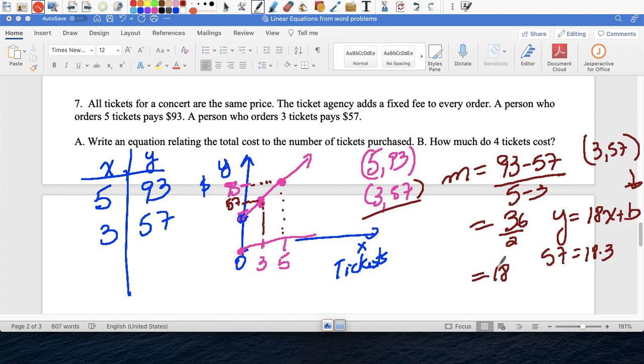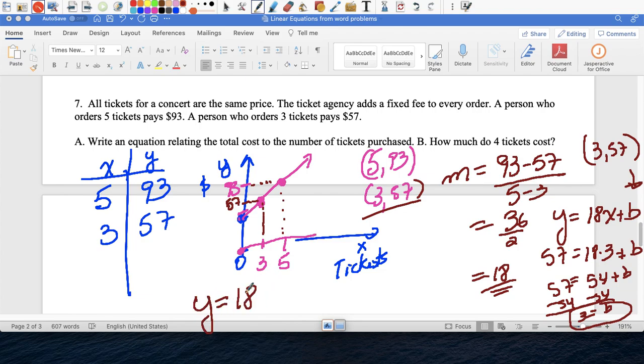So when you buy 3 tickets, every ticket is 18 bucks, so that gives you 54 plus b, and if you subtract 54 from both sides, you get that b equals 3. So there's my processing fee, $3. So the slope, 18, represents the price per ticket, and 3 is the processing fee. So y equals $18 per ticket, there we go, plus a $3 processing fee.